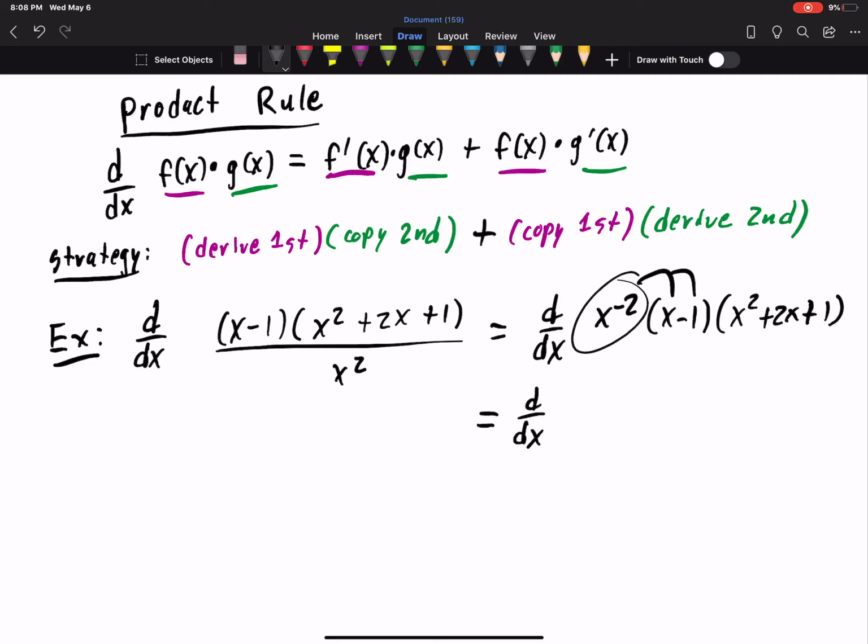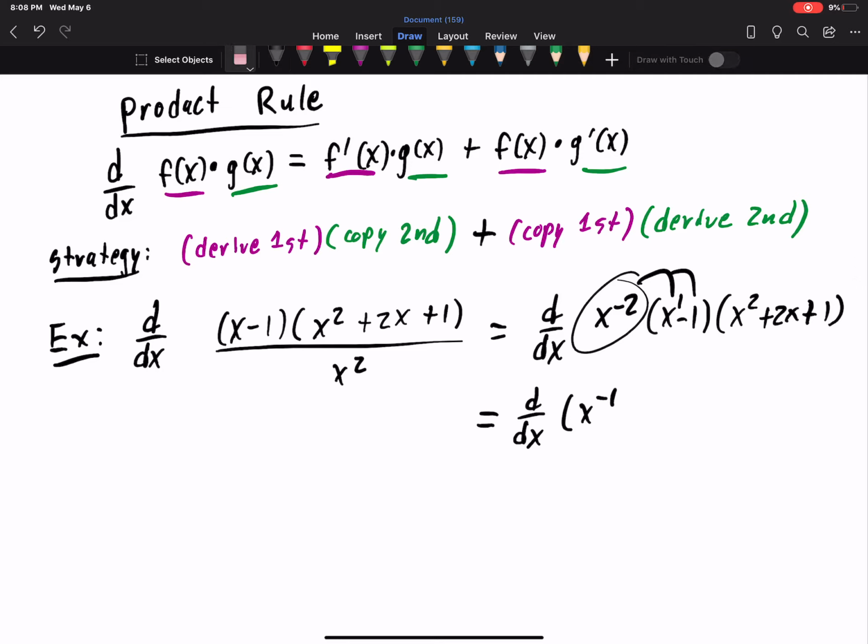So x to the minus 2 times x, that's x to the what power? That would give you x to the minus 1 because you add the exponents. When you multiply two things, like if I had x to the minus 2 times x to the first, you add the exponents. So this gives you x to the minus 1. Just a nice little reminder.